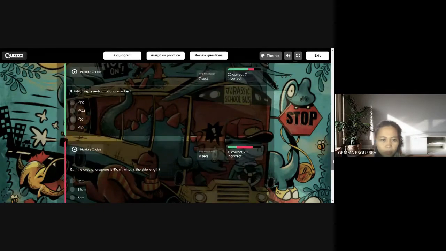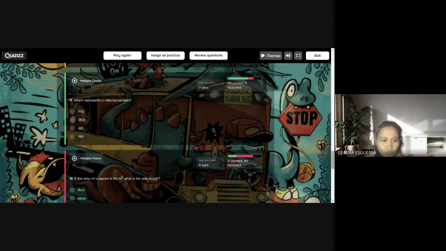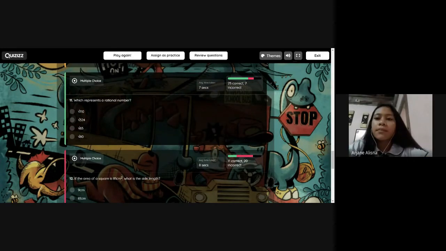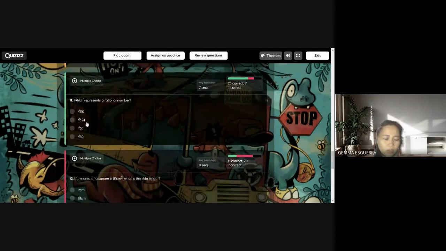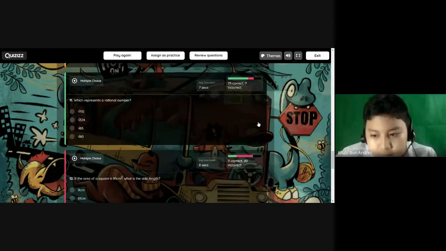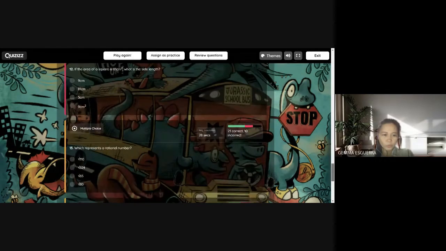Maraming mali ito. Which represents a rational number? 324. Kasi, ang 324 is a perfect square. Anong square root ng 324? 18. Okay, 18 times 18. Hindi pa yata ninyo nakabisado ang 1 to 20.